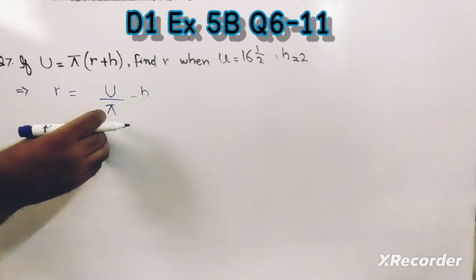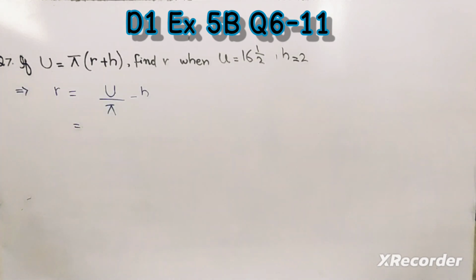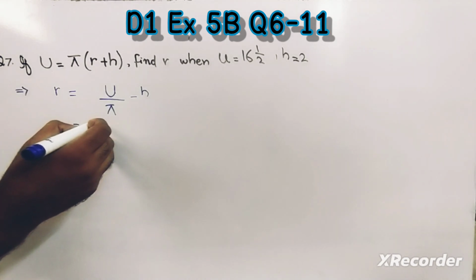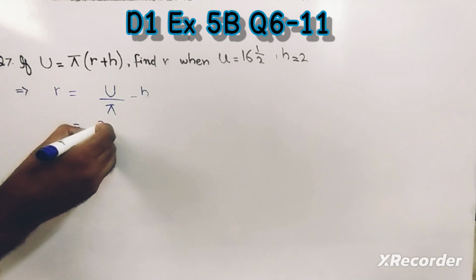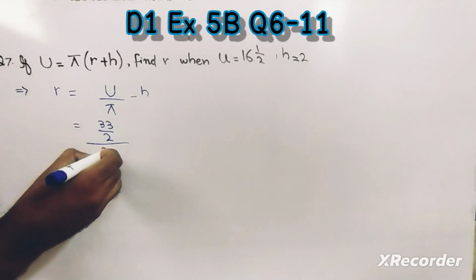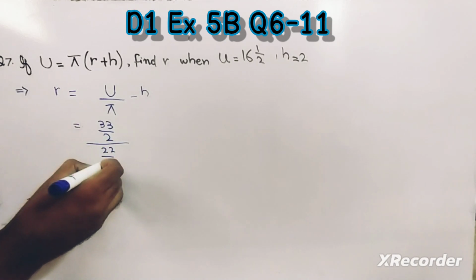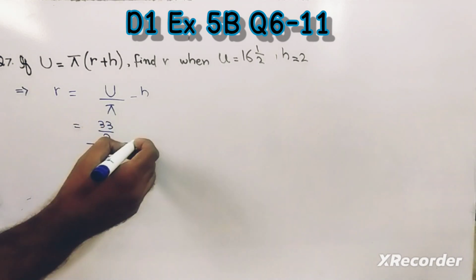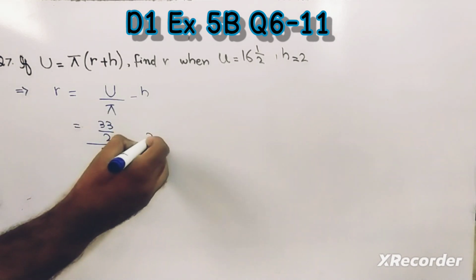Now putting the given values, u is 16 and a half, it means 33 upon 2, upon 22 upon 7, that is the value of pi. It is understood, that's why it is not given. Minus h, h is 2.